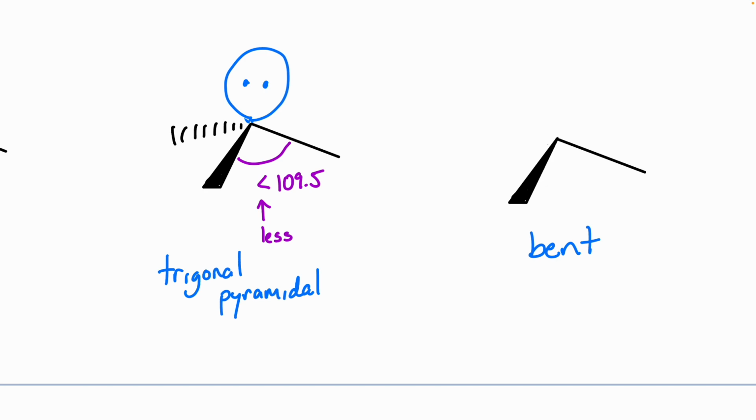All right, same thing for water. Water's got two lone pairs on it, right? Its true bond angle is closer to like 105, but we're not going to try to remember exact numbers. We're just going to say less than that tetrahedral bond angle of 109.5.